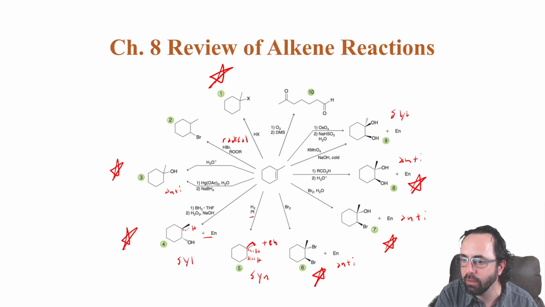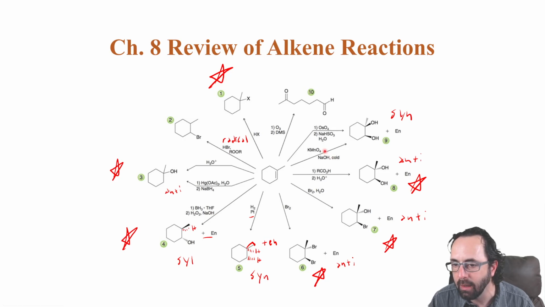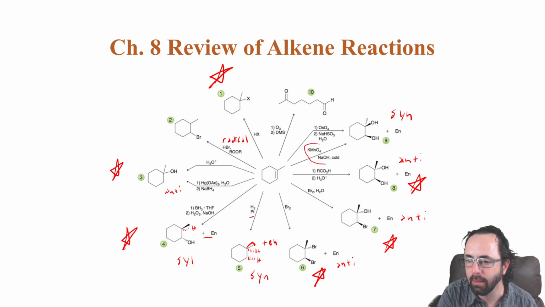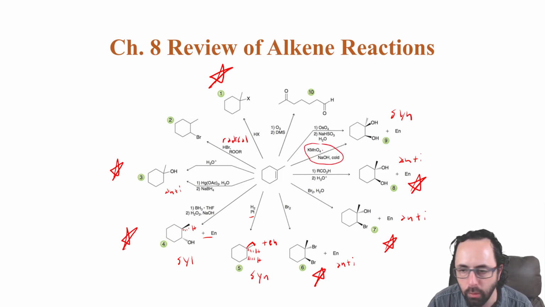This is a syn addition of two hydroxyl groups. And here we use an oxidizing agent such as KMnO4 followed up by a base, or we can alternatively use OsO4 followed up by sodium bisulfite. Both of these will produce the same results, and you'll see either of these on the ACS exam, but practically speaking, this is the more useful one.